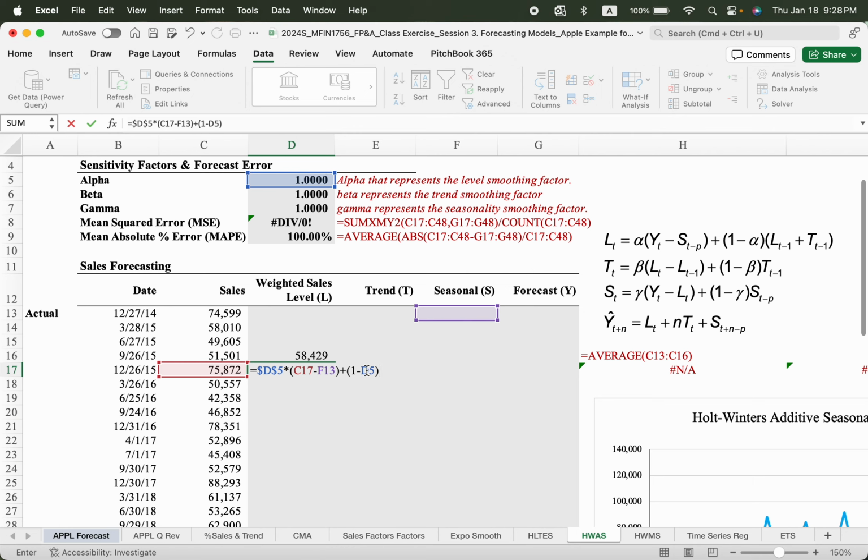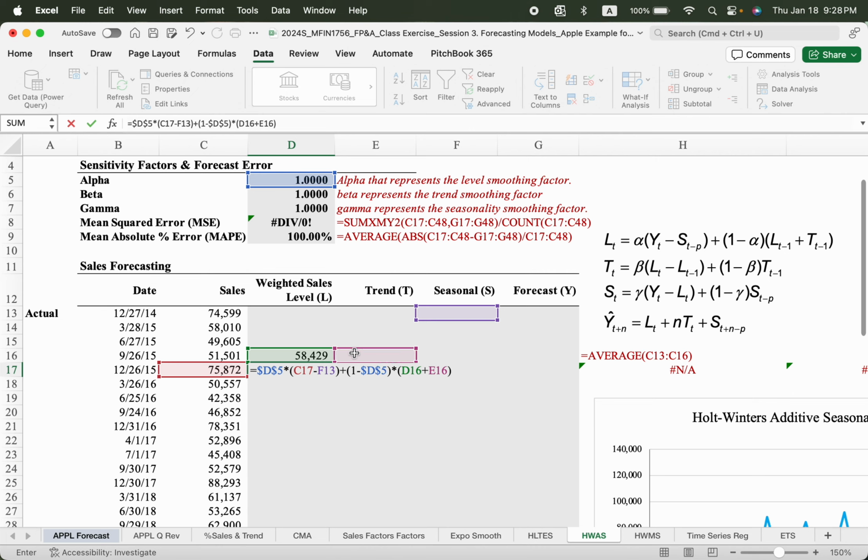Oh, by the way, we need to fix this, then multiply by now the level, and then plus the trend, right? So that we get the weighted sales level of the current period.